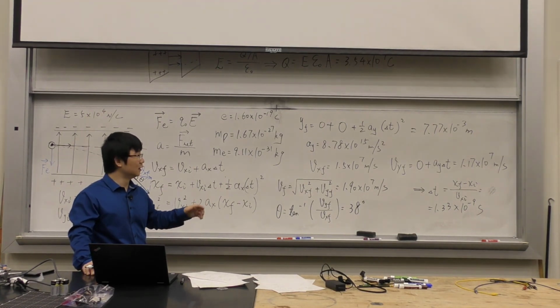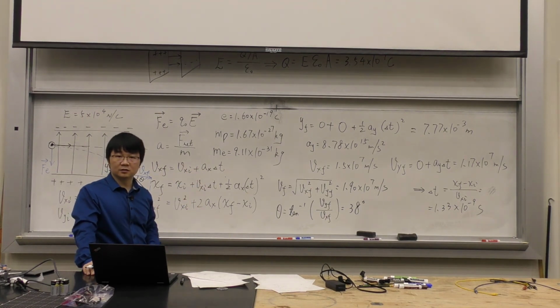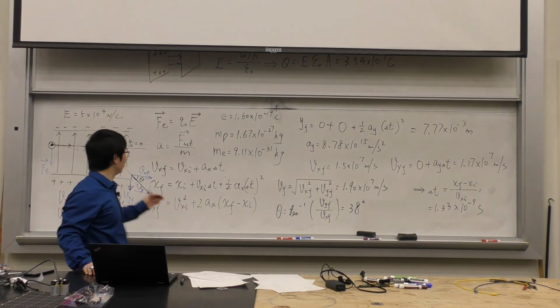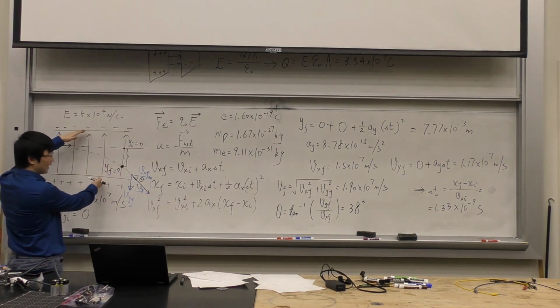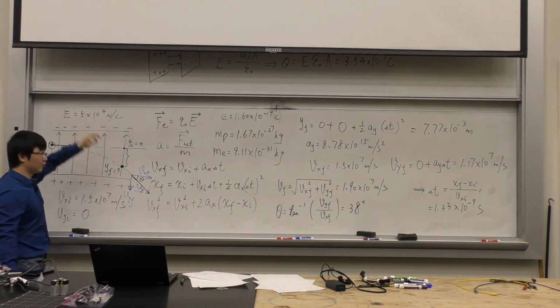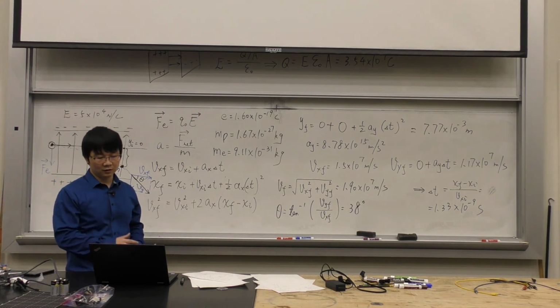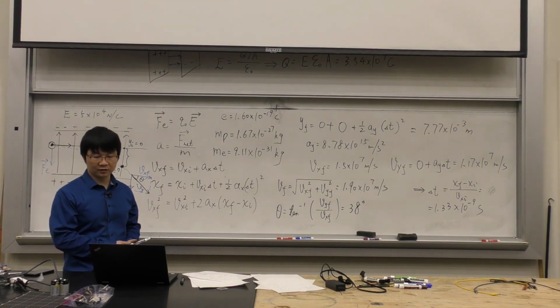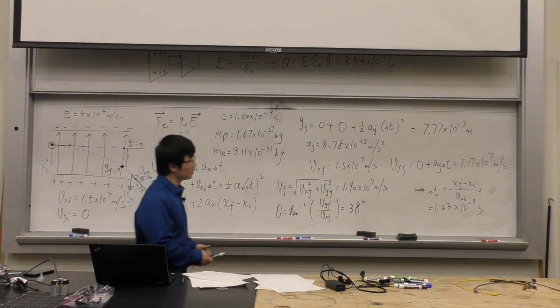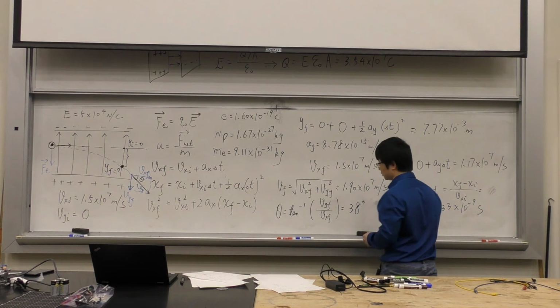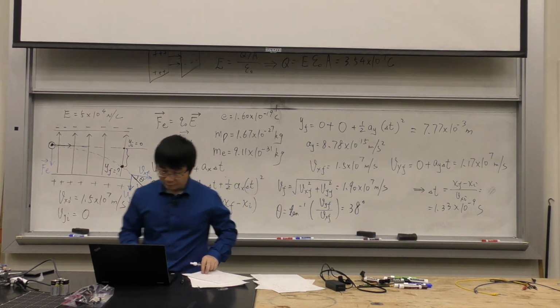If you get like 7,000 meters, think about it: we are doing experiments with electrons. You would need to set up the two plates a few kilometers apart, which would be really hard. So that's one way to check if your answers make sense. This answer makes sense, about 8 millimeters.